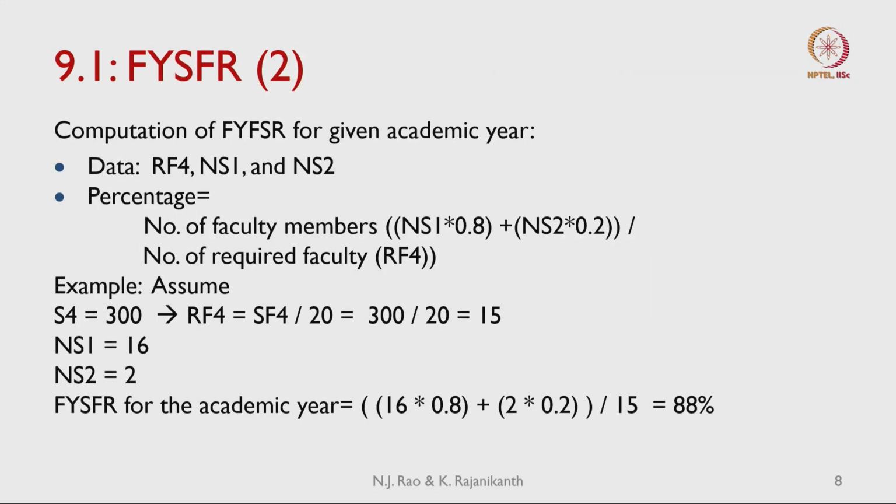So, we have RF4, NS1 and NS2. Then the percentage is calculated as number of faculty members, they are taken in the ratio of 80-20 percentages, that is NS1 into 0.8 plus NS2 into 0.2.